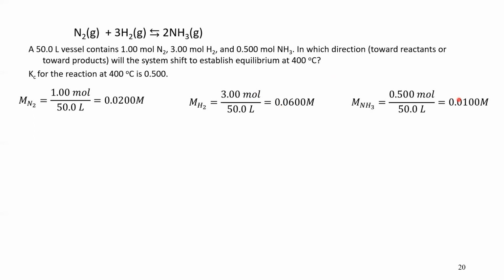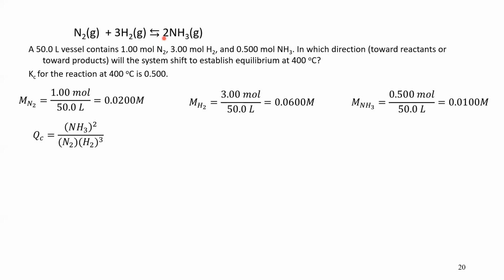So the next thing we want to do is calculate Q. So write your Q expression, products over reactants, raised to the power of the coefficient in the balanced equation, and then get your value for Q. Now, be careful of the coefficients, right?